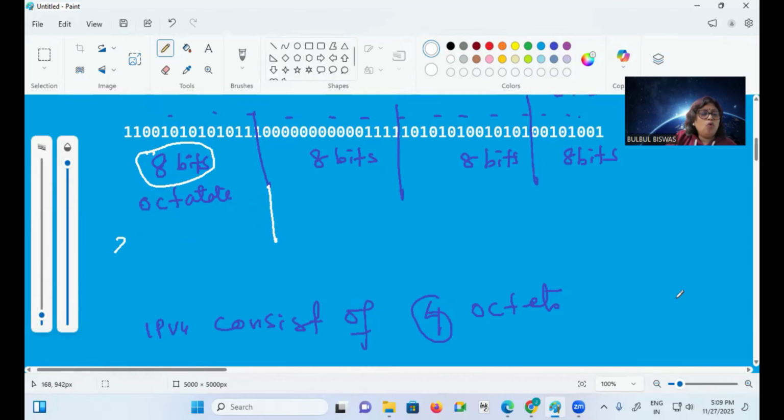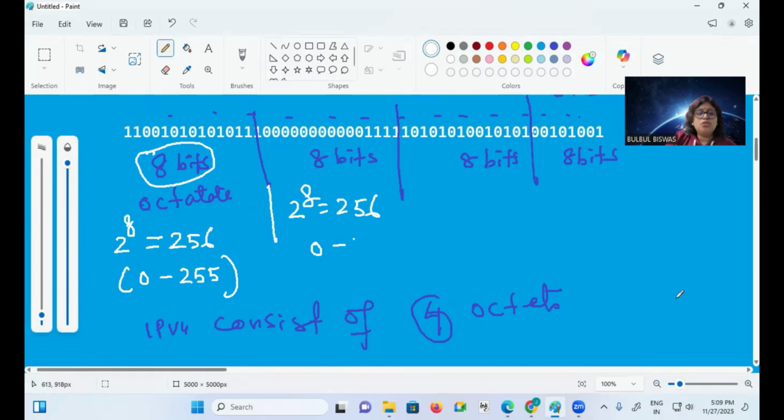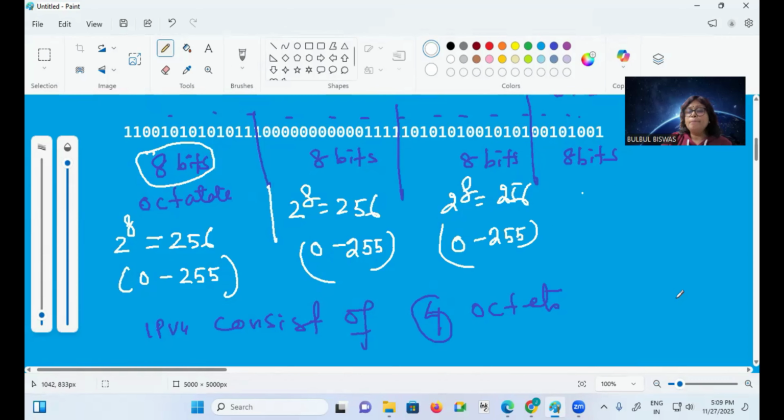Now you see, again it is in the form of bits. If I take 2 to the power 8, this value is 256, meaning 0 to 255. 2 to the power 8 is 256, meaning 0 to 255, and again 2 to the power 8 is 256, meaning 0 to 255.